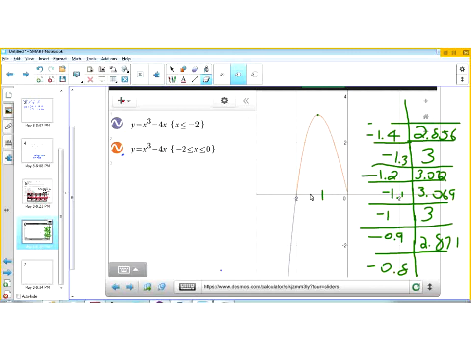It actually occurs somewhere around -1.2. So this is 1. Let's see, where's 1.5? This is 1.5. And so 1.2 is right about there. So this output is -1.2 and, say, 3.072.